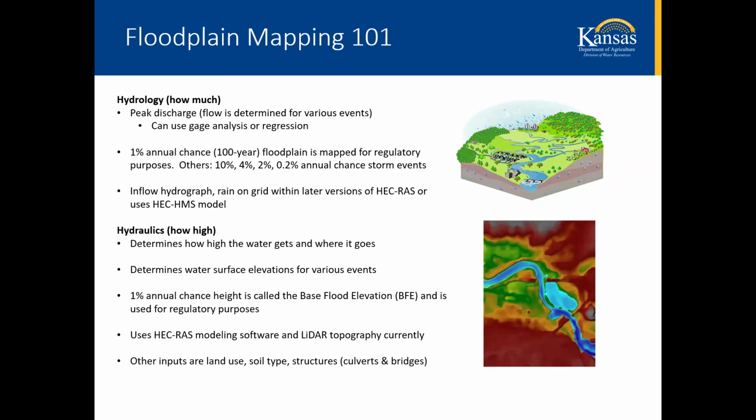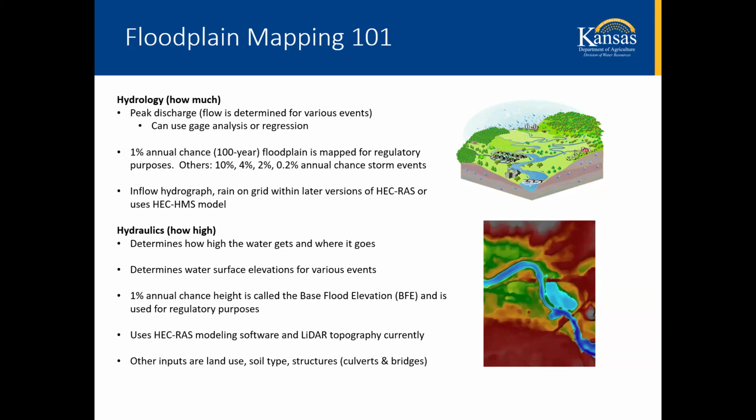So again, hydraulics are how high the water gets. It determines where it goes and what the surface elevations are going to be for those various events. Again, most importantly, our 100-year regulatory event. And so whatever the 1% annual chance flood height is, that water surface elevation is called the base flood elevation, and that's used for our regulatory purposes.